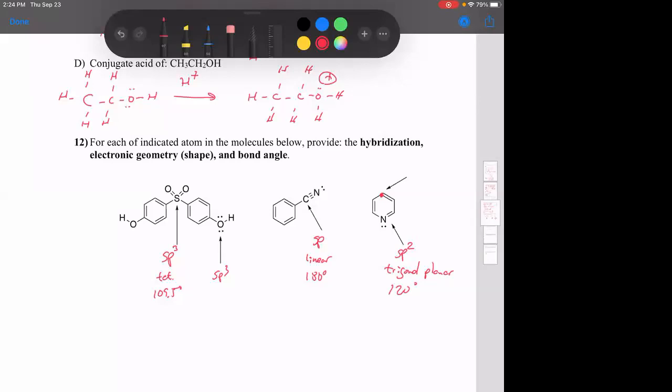It's got a double bond to this carbon over here and a single bond to this carbon over here, so it's a total of three bonds. There's one more that carbon needs, and it's to a hydrogen that is assumed to be there. So now our total number of things is 1, 2, 3. That's sp2, trigonal planar, and it's 120 degrees.